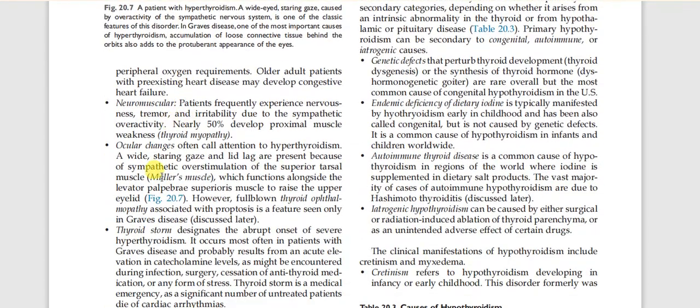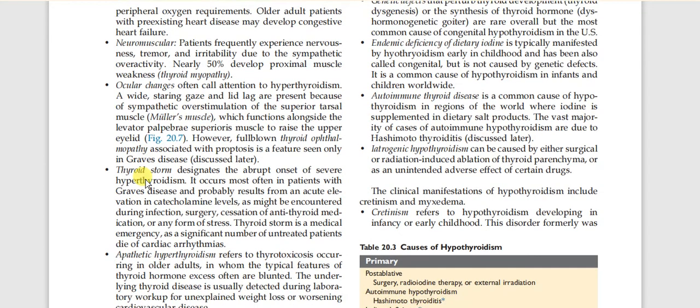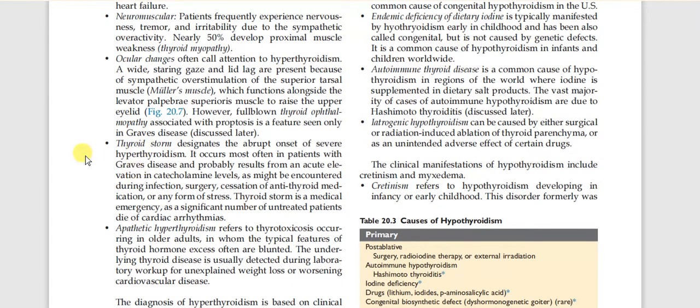So it's a very typical symptom. Also, of course, staring gaze and lid lag are present because of sympathetic overstimulation of the superior tarsal muscle, but it's a less common effect. So usually it's thyroid ophthalmopathy due to Graves' disease.